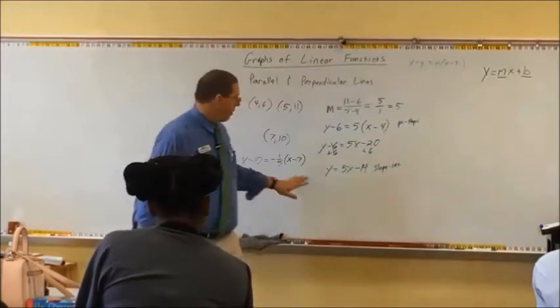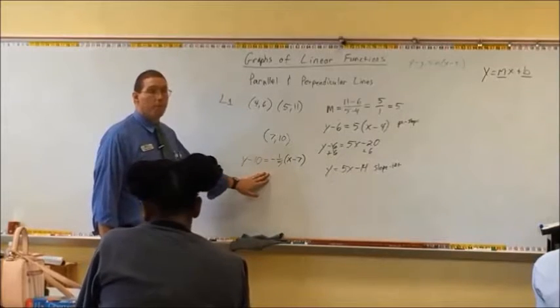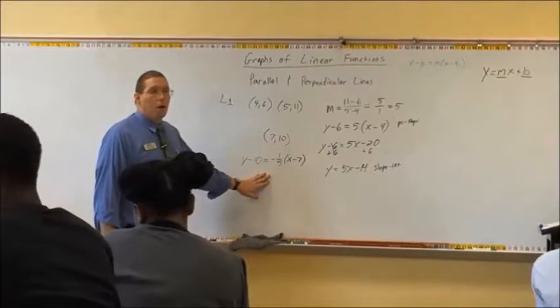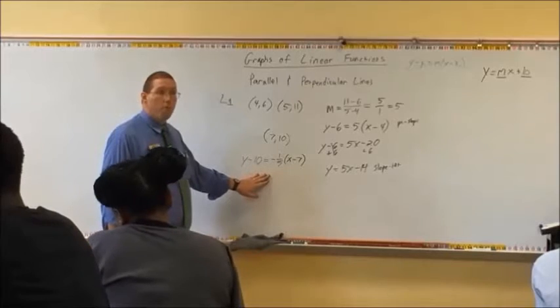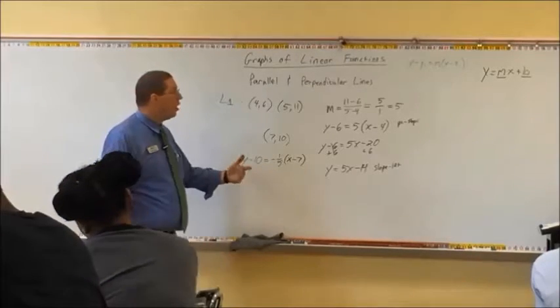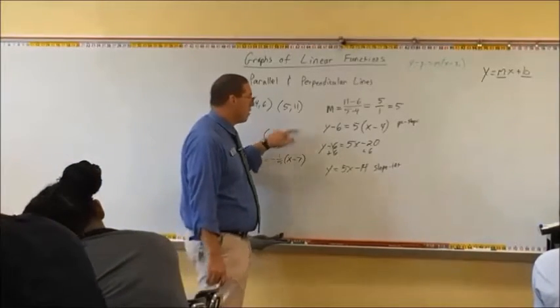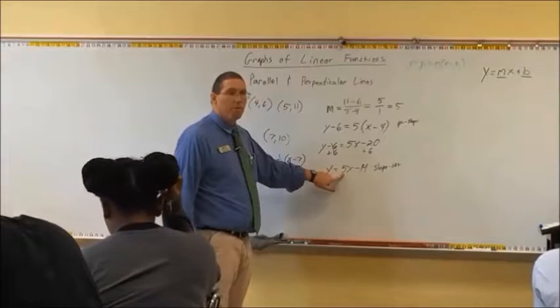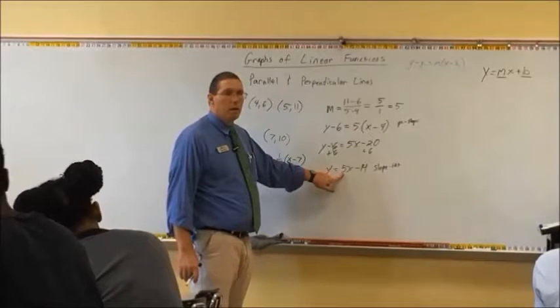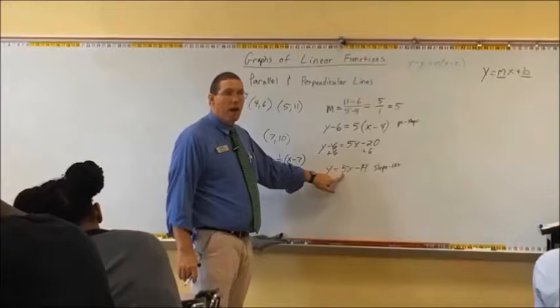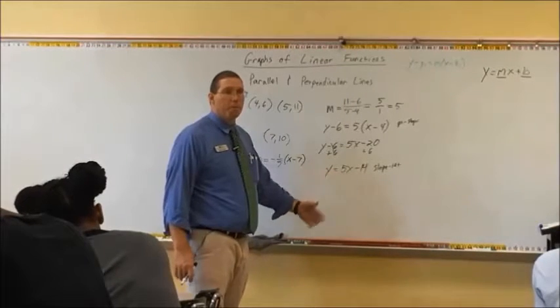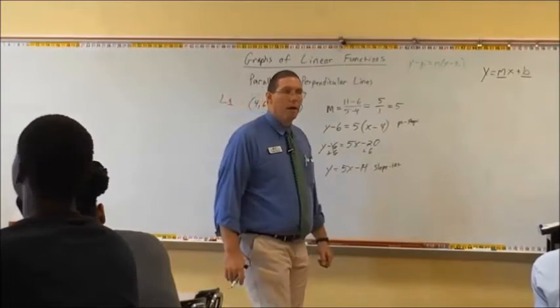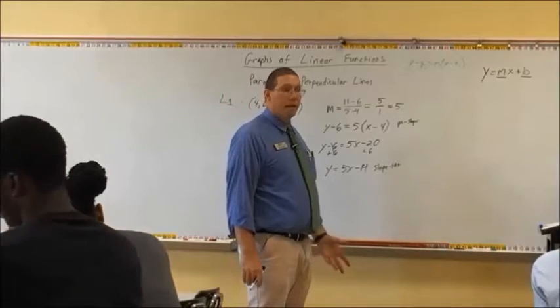Are you asking me about this right here? Yeah. Okay, so we used point-slope form because once we have the slope of this line, won't that tell us the slope of the perpendicular line? If the slope of this line is 5, then what's the slope of the perpendicular line? Negative 1/5.